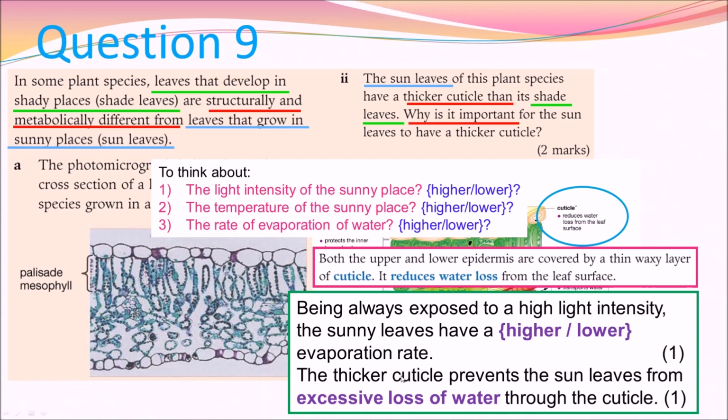But if you tell me the cuticle can prevent the water loss, it's not correct. It prevents excessive water loss, but not only prevent water loss, because it's impossible to prevent water loss. We shall talk a bit more in chapter 10. But now you know how you can write your sentence first.